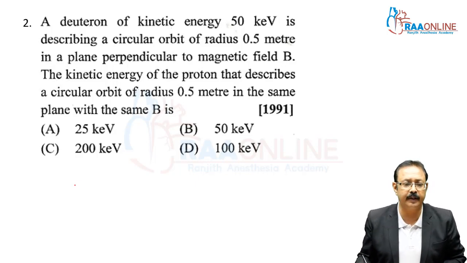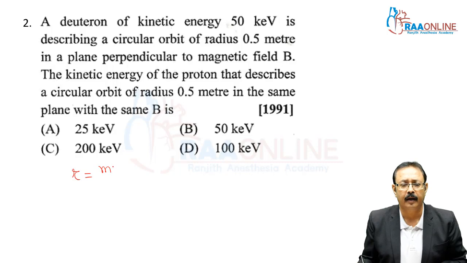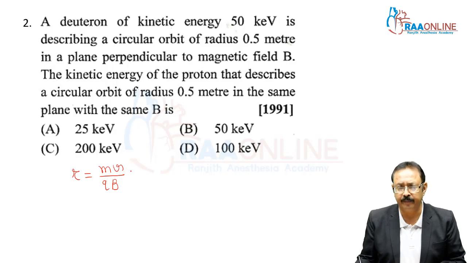We have a complete derivation in our previous slides. R was mv upon qB. But what was mv? In terms of energy, from mechanics we know that it is root 2mE. E is energy.